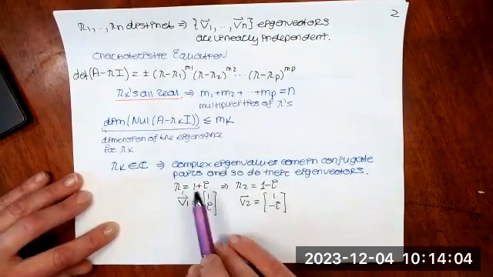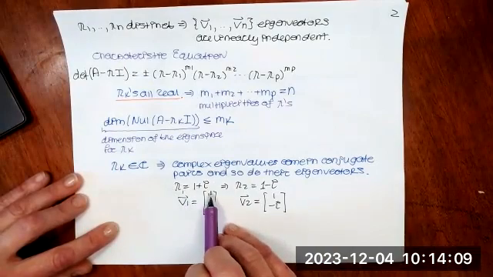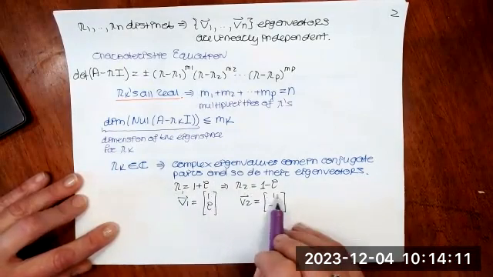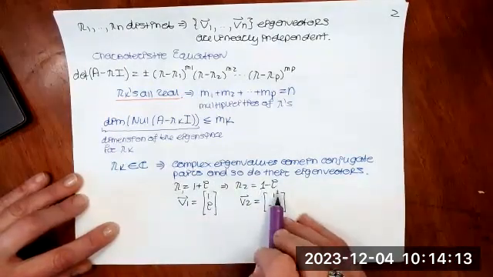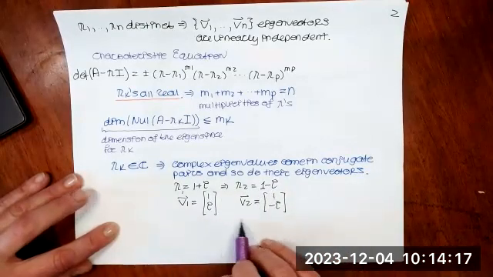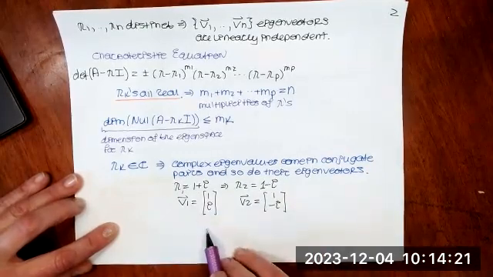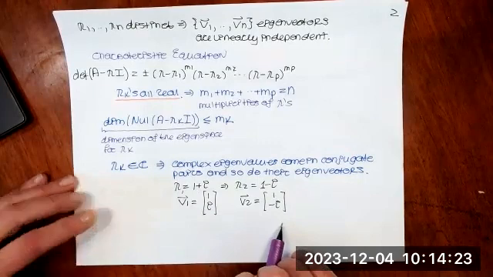And not only that, if I know I have one complex eigenvalue like 1 plus i, I know that I will also have another eigenvalue 1 minus i, its complex conjugate. And I know that my eigenvectors corresponding to those eigenvalues are also going to be complex conjugates.